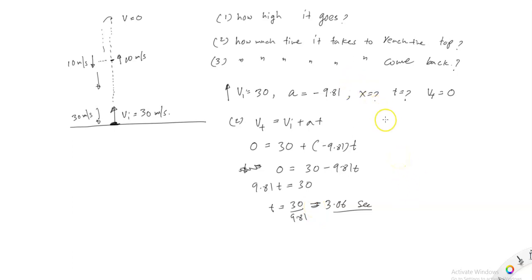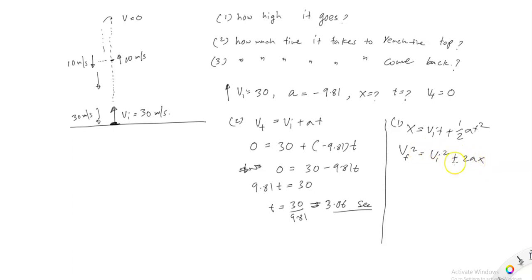So now I'm gonna work on the first problem. How high it goes. What can I use? I can use the second equation, x equals v i t plus one half a t squared. I can use this, v final squared equals v initial squared plus 2ax.